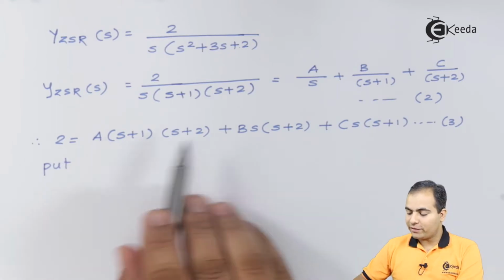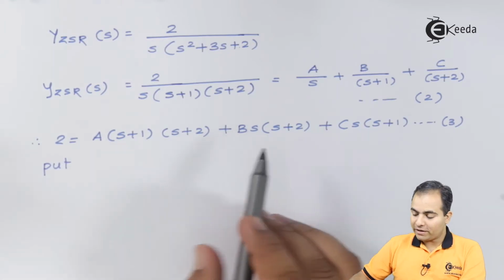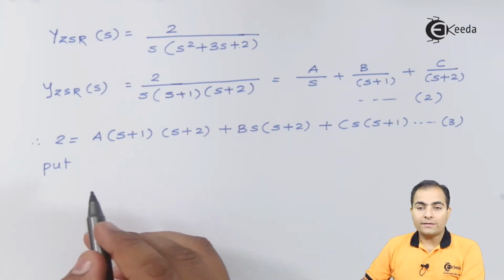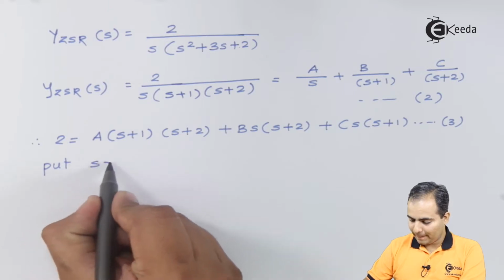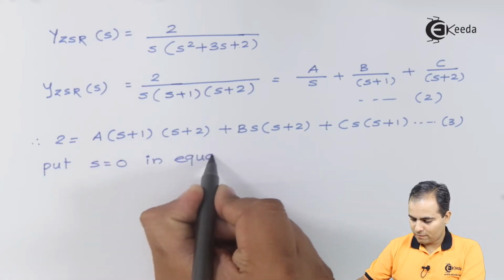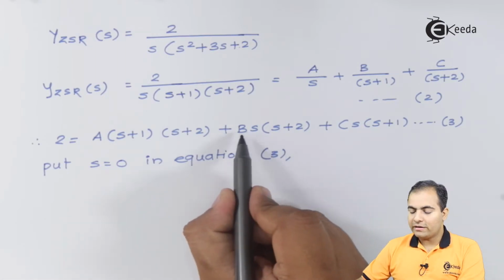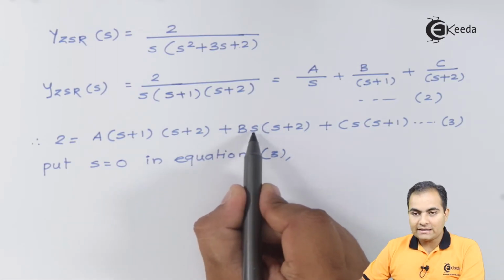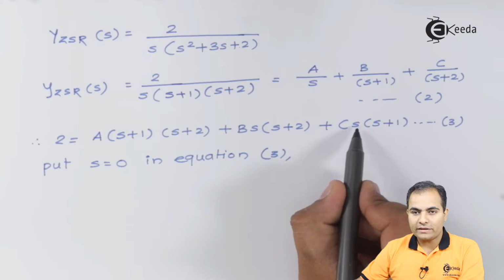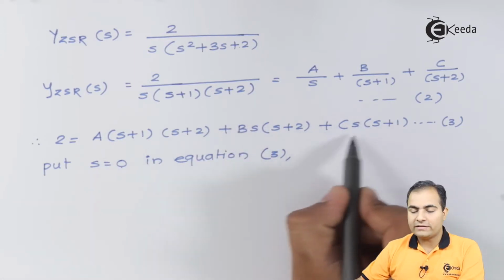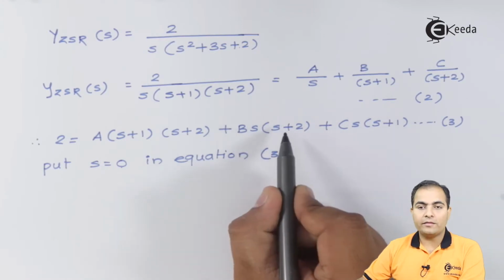What is our next step? We have to calculate the values of A, B, C, but for that you have to replace S by some values. So first of all, I'll substitute S equals to 0. What you will get? Look at here, B is multiplied with S as well as C is also multiplied with S. So if I replace this S by 0, then 0 into B and 0 into C, this whole term will become 0.